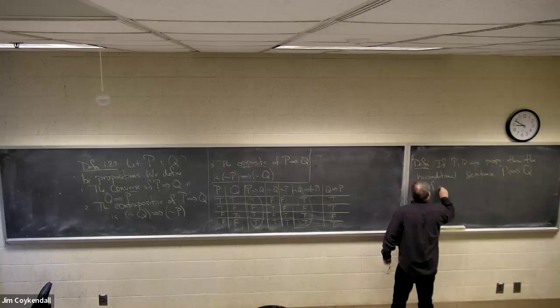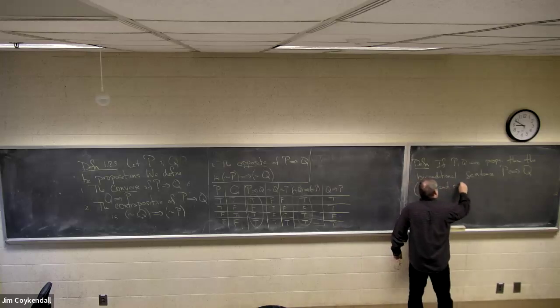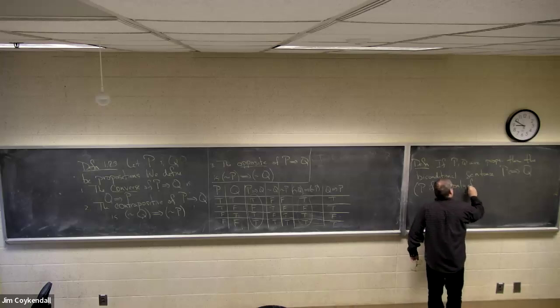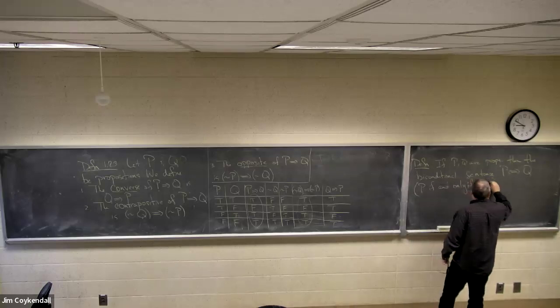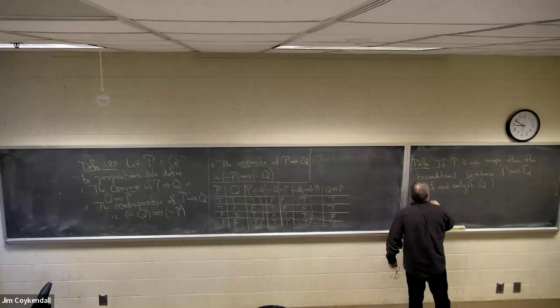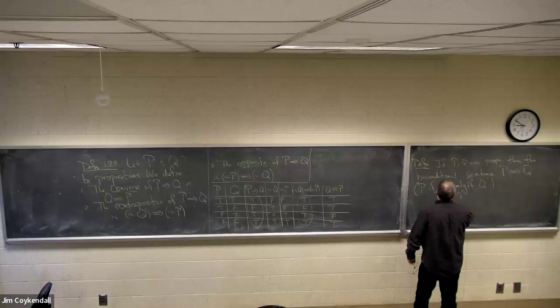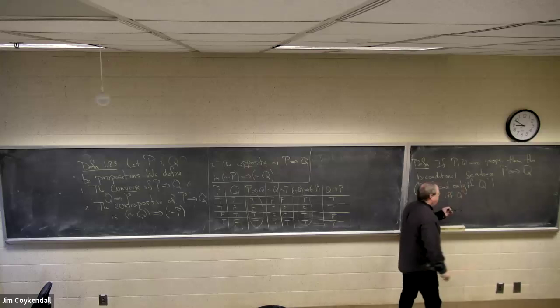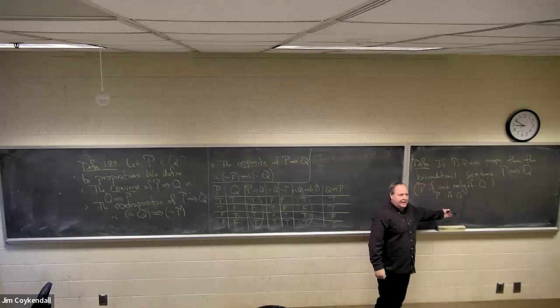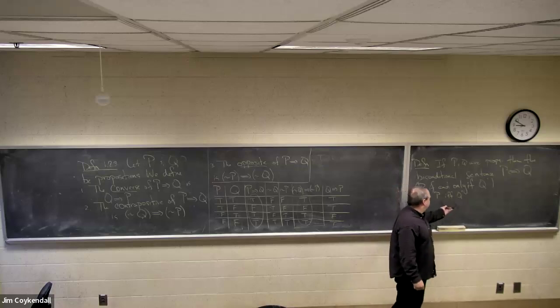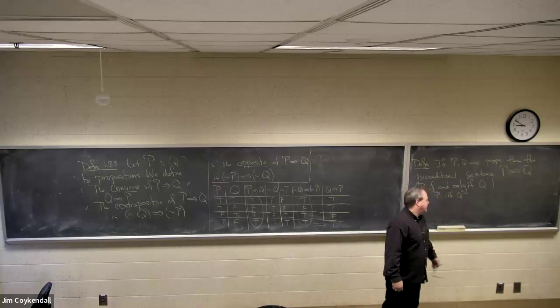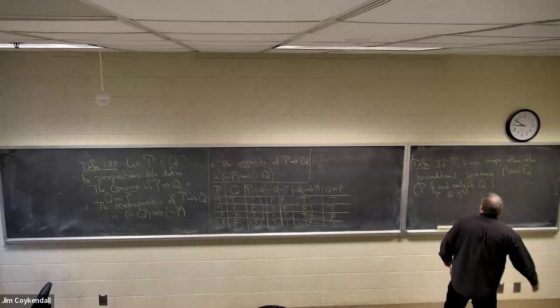P if and only if Q. Sometimes I'll write P iff Q. If you ever see me put two f's on the if, that doesn't mean I'm having a stroke. It means if and only if. It's a standard shorthand.